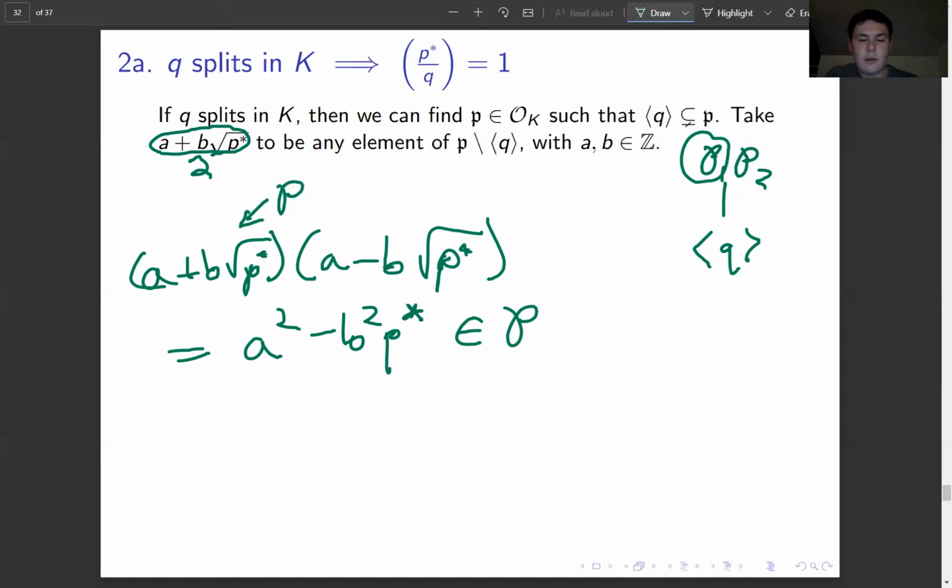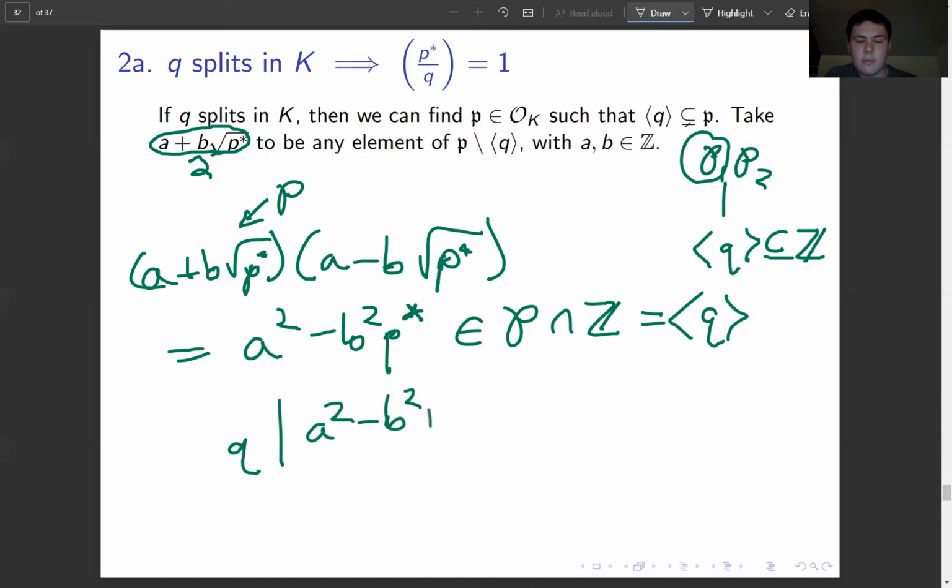But notice that these are all integers, so it's in the intersection of P with the integers. And keep in mind that the intersection of P and the integers is exactly the ideal generated by Q. So Q divides a squared minus b squared p star.